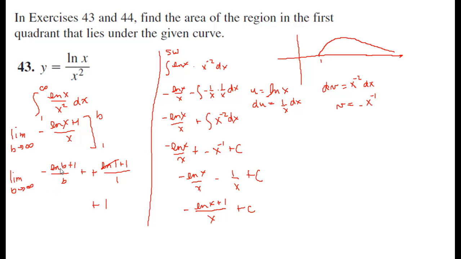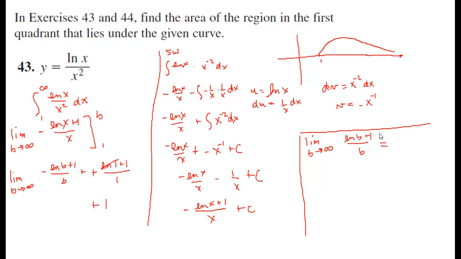We have a natural log of b on the top, b on the bottom. I might want to do a little side work just to evaluate that limit. So I get the limit as b approaches infinity of natural log b plus 1 over b.